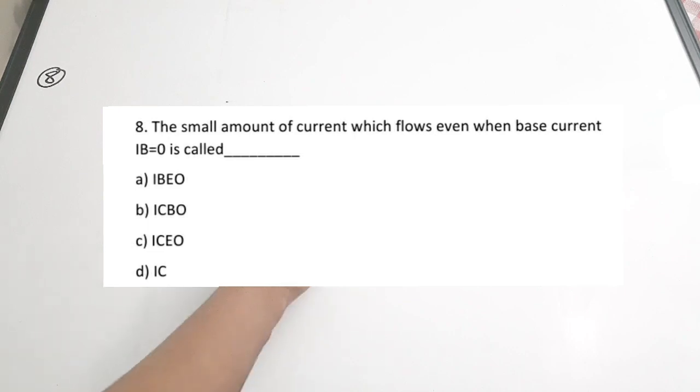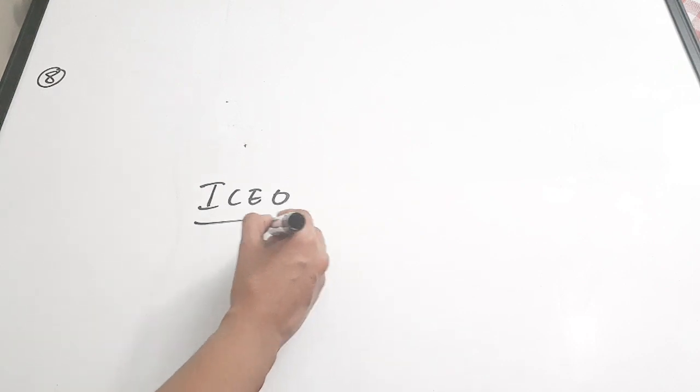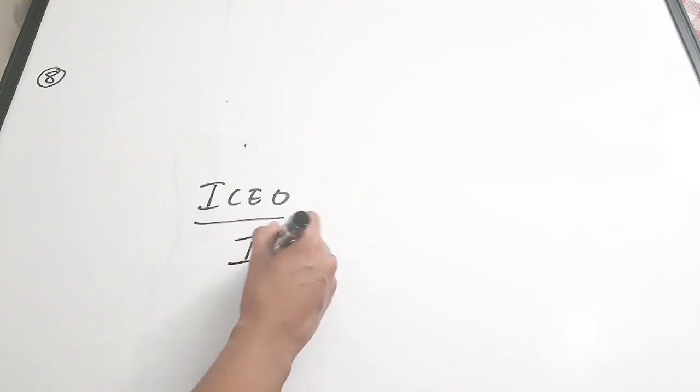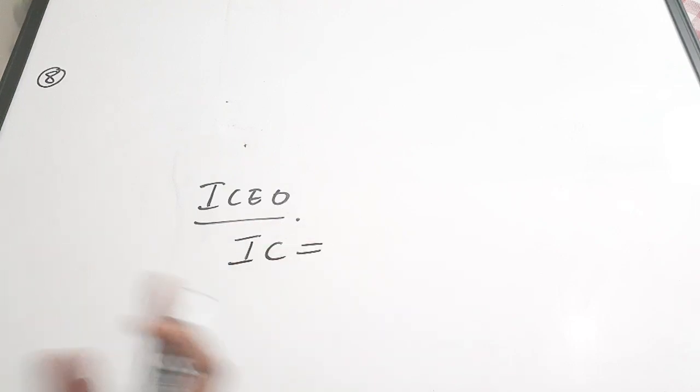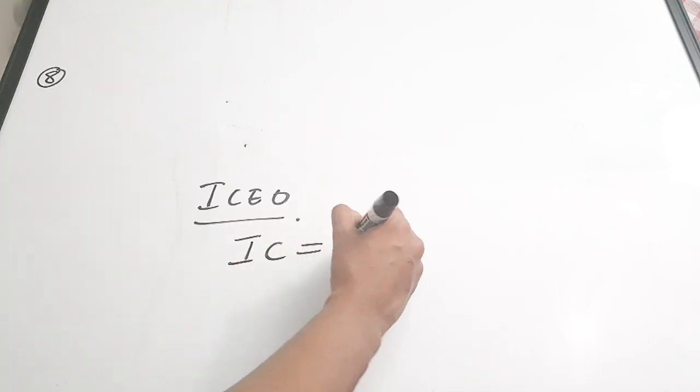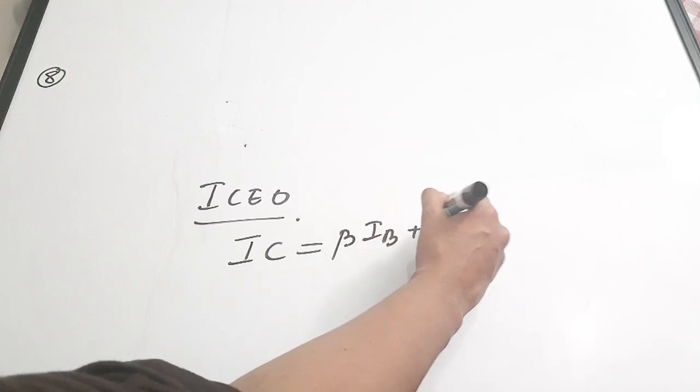The correct answer is ICEO. It is the minor current, the small amount of current which flows even when the base current is equal to 0. You can write the total collector current as beta times IB plus ICEO.